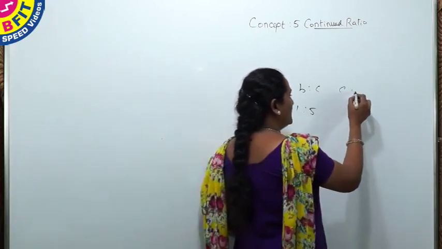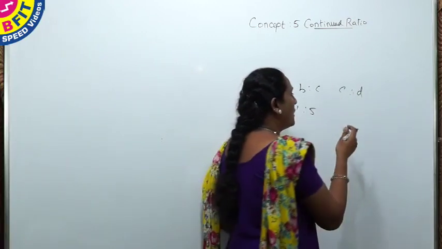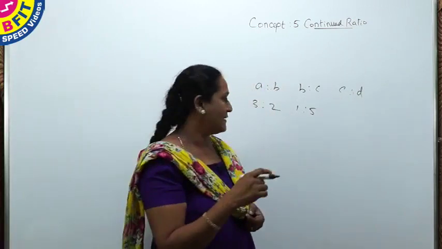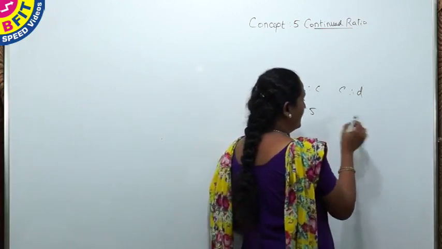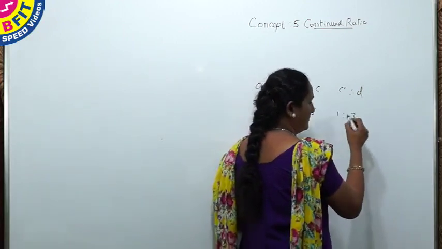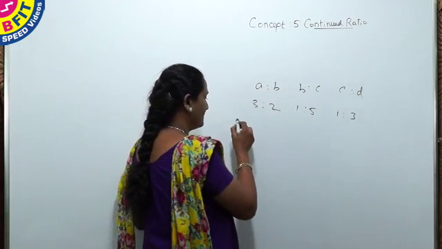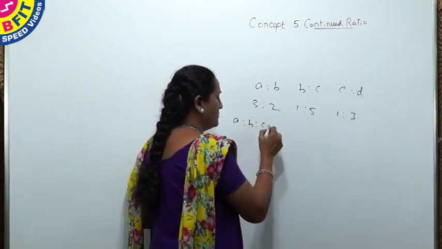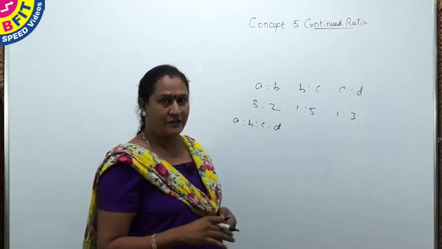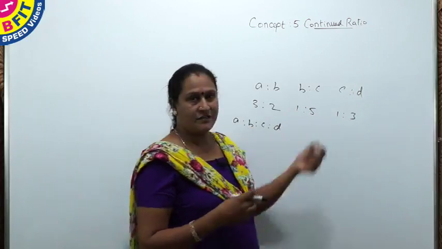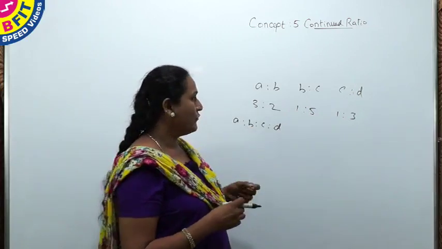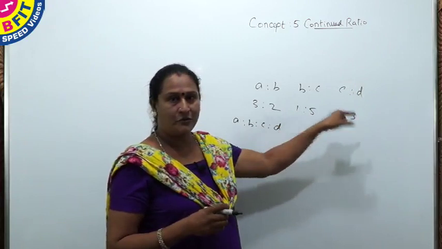Suppose you have another set of ratio. So how do we combine this to get 4 parts? Say when it is 1:3. So we need to combine this into a single ratio. If they ask what is C's share or what is A's share, again this is in a continued ratio pattern.